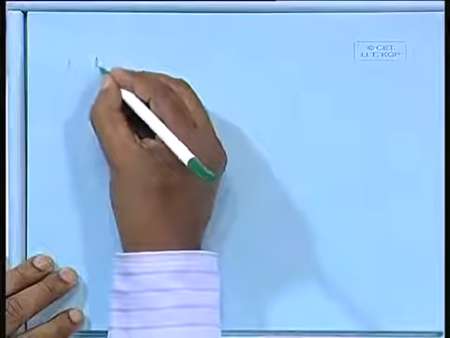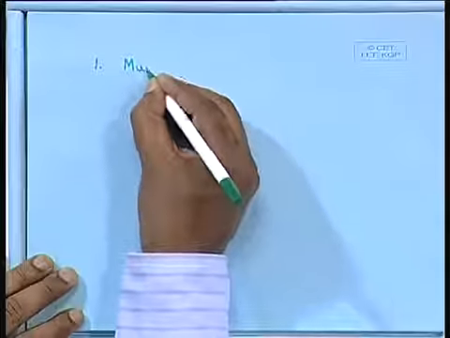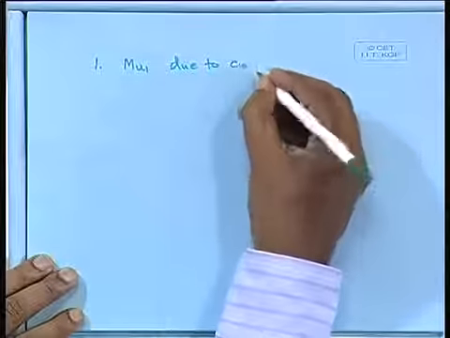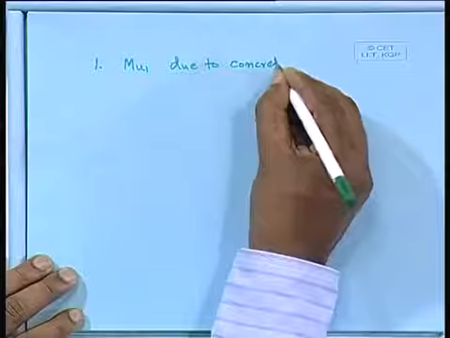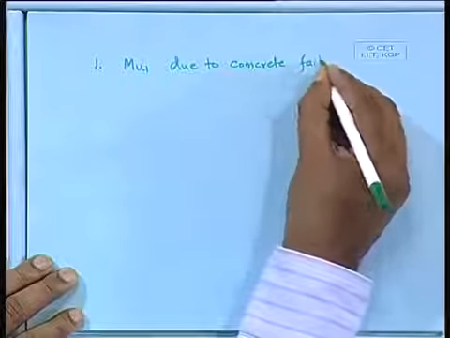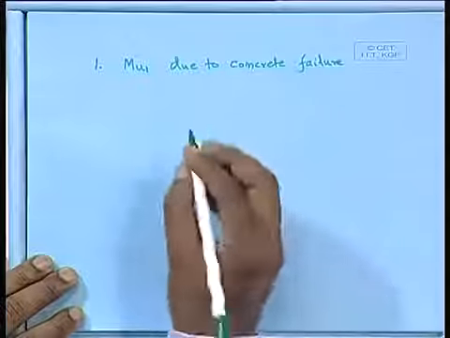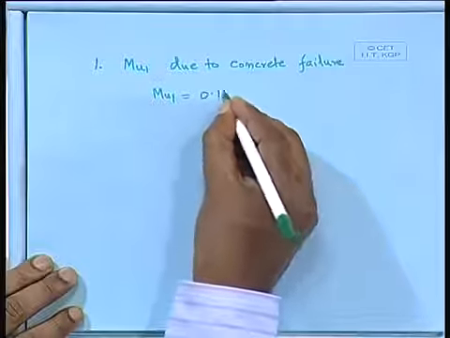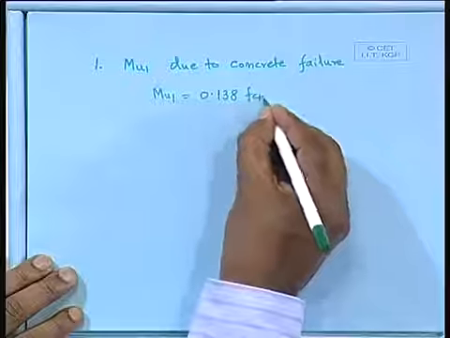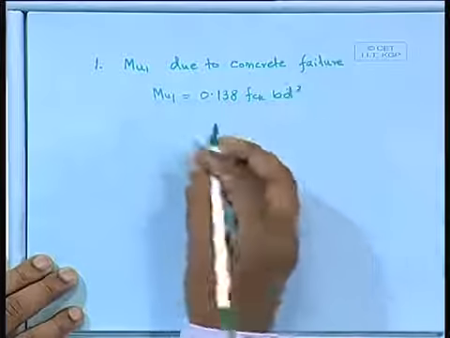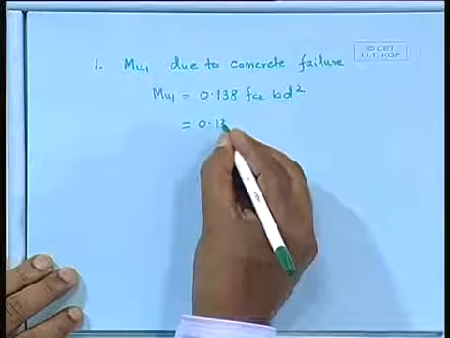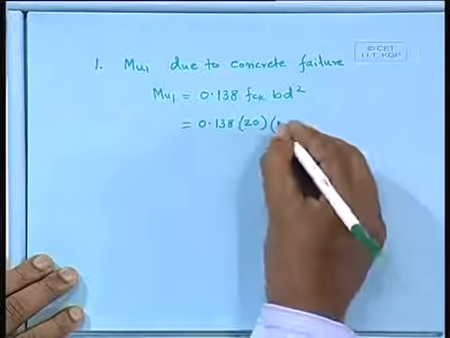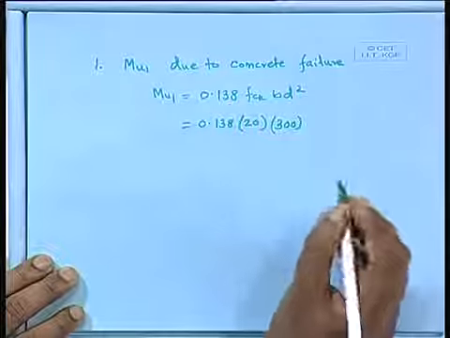Number 1, Mu1 due to concrete failure. Mu1 equal to 0.138 fck bd square, equal to 0.138 multiplied by 20 times 300, that is the b. What about d?